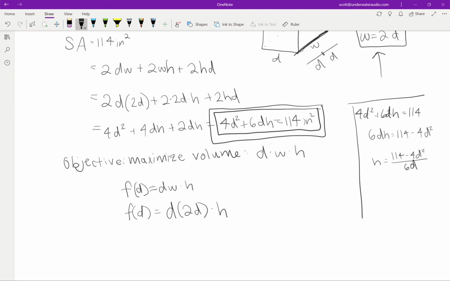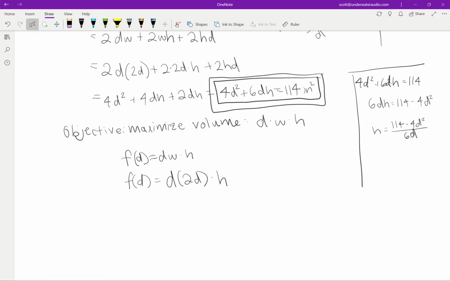Oops, that's a D. Now if I plug this in for h, that gives me one equation with one unknown: 114 minus 4d squared, all over 6d.